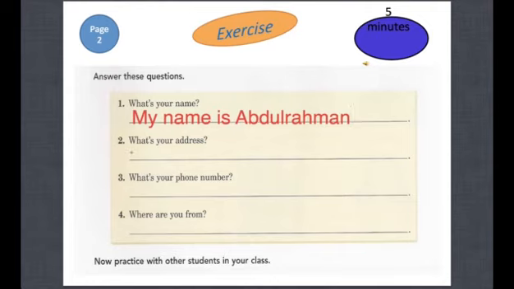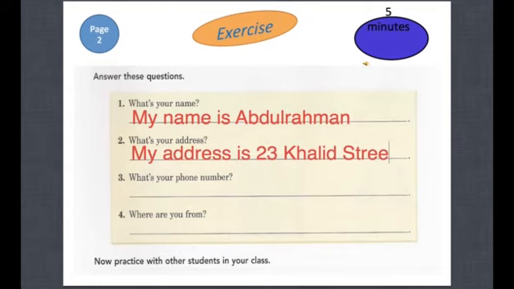What's your address? My address is 23 Khalid Street.